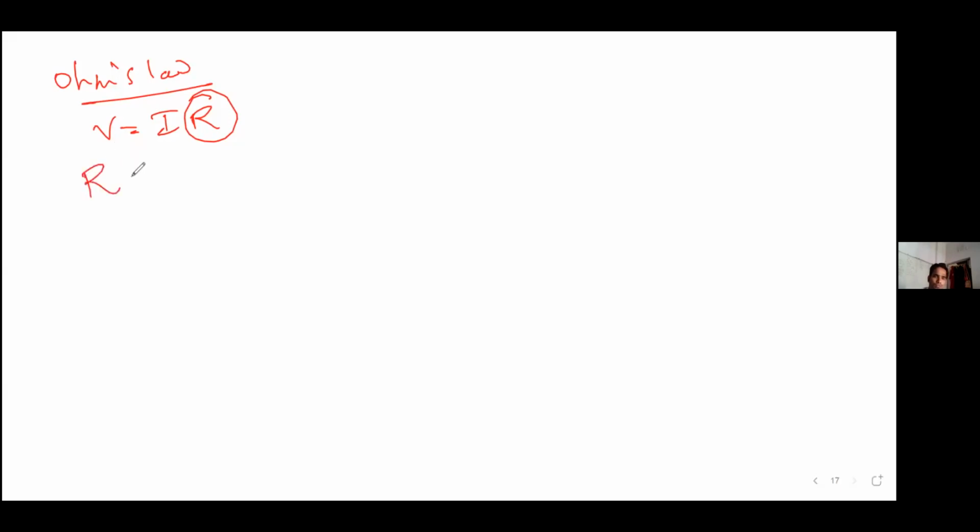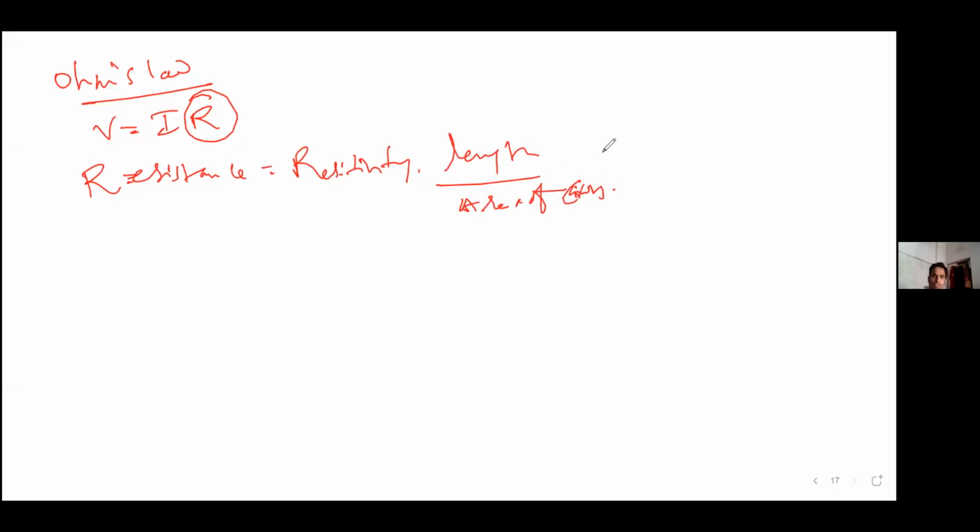And we also studied that resistance is resistivity into length upon area of cross section of a conductor.